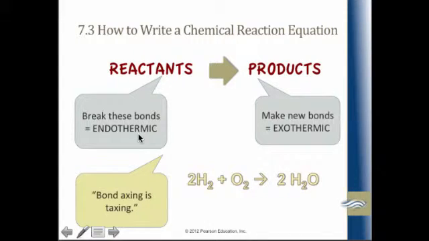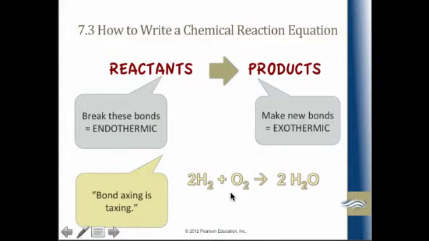It's endothermic, energy consuming, but we get energy back on the other side as bonds form. It makes atoms more stable, and they release energy as they form new bonds. The net of this determines whether the overall reaction is exothermic or endothermic. And if it's exothermic, it would get hot, and if it's endothermic, it would get cold.